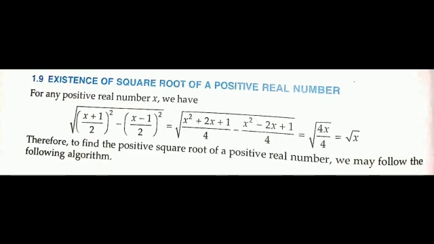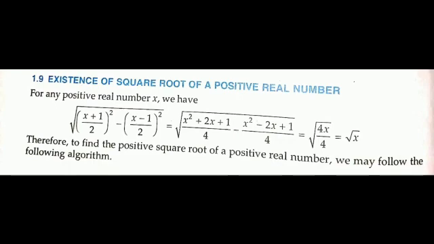So we are using this identity to make clear how root x can be obtained. Therefore, to find the positive square root of a positive real number, we may follow the following algorithm.